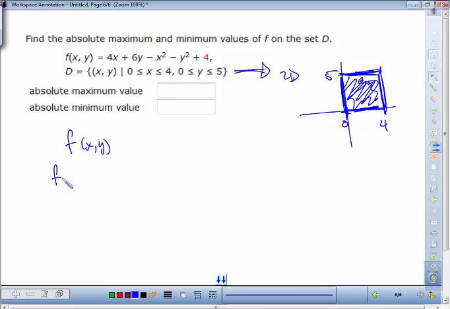So we need fx, 4 minus 2x, fy, 6 minus 2y, and then we set them equal to 0, so this is finding the critical points. If we set this first one equal to 0, we get x is equal to 2, set this equal to 0, y is equal to 3. So we have one critical point.